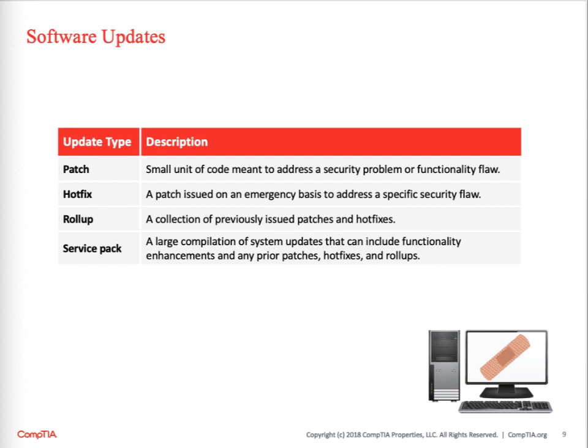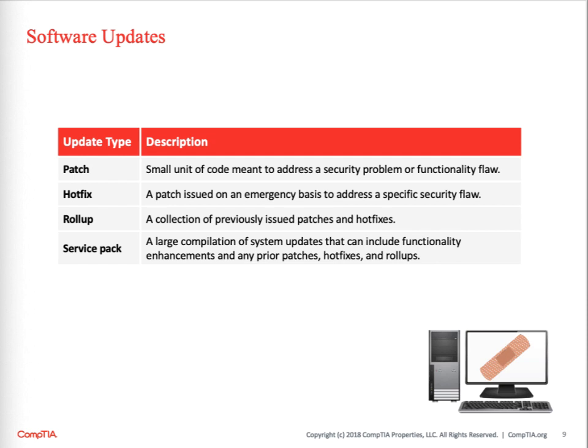Remember, that's how Equifax went down because they did not update a patch when they had the chance to. So a patch is going to be a small unit of code that is meant to address either a security problem or some sort of functionality flaw in their software or operating system, right?